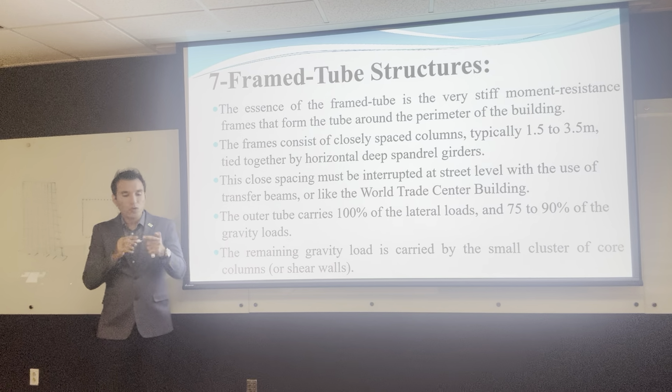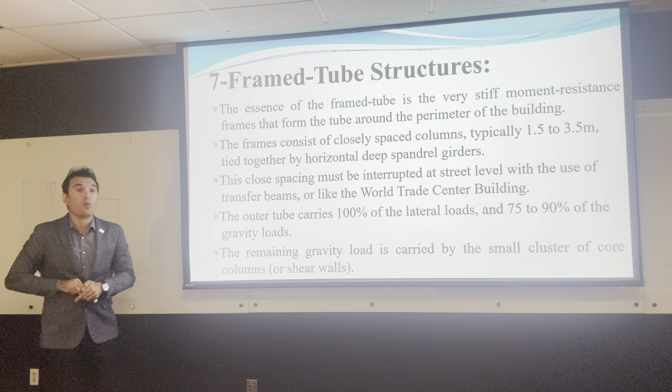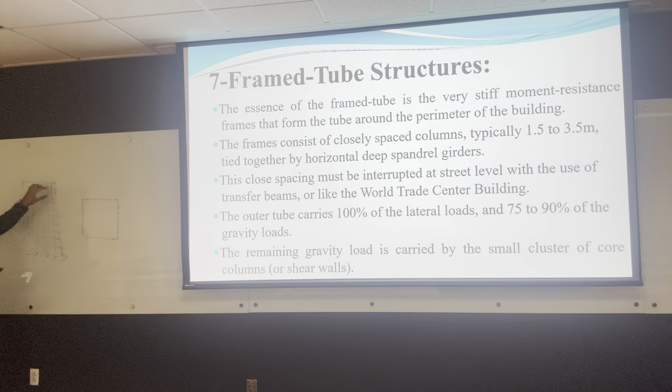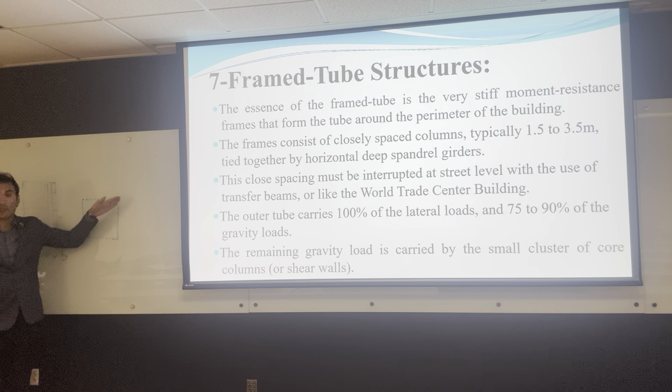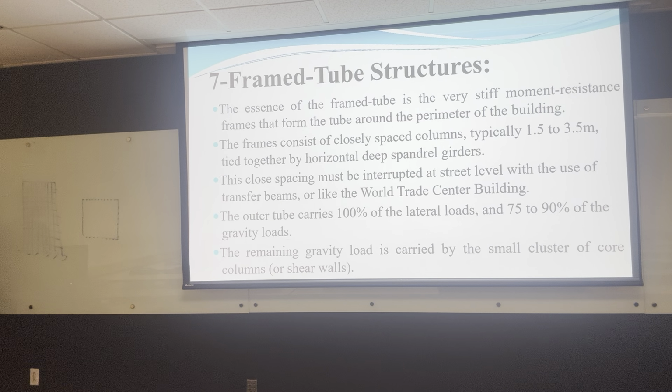That's it. So we call it a perforated shear wall, like a shear wall that has a bunch of holes. So somehow we are trying to make the whole perimeter of the building, not only a 60 meter shear wall and a 60 meter shear wall, so the whole building is going to act as a shear wall.